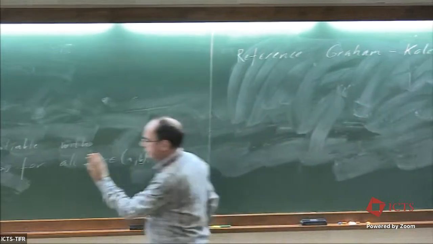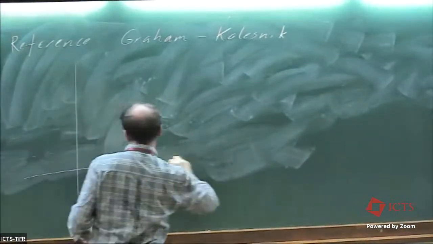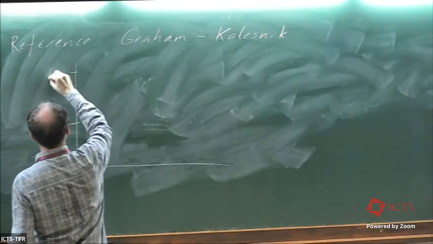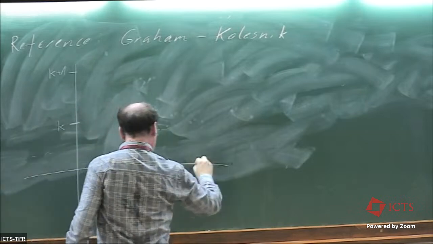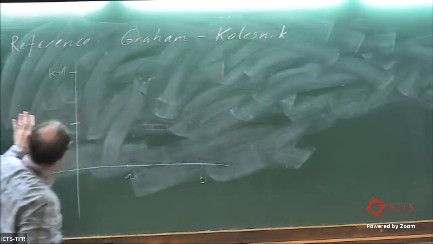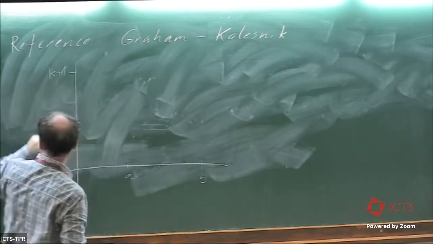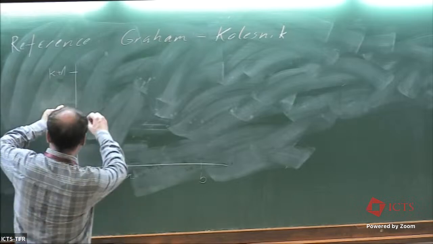So let's just draw some picture. We have two integers, k and k plus 1. We have our interval AB. And we draw the graph of the function. So we assume that f is continuously differentiable, with f prime bounded away from the integers k and k plus 1.